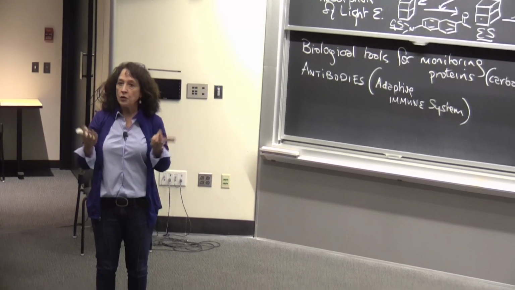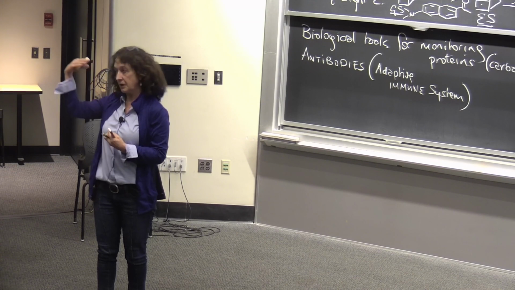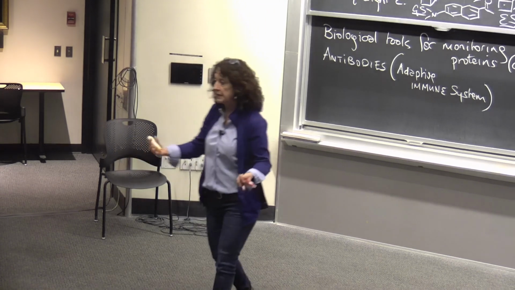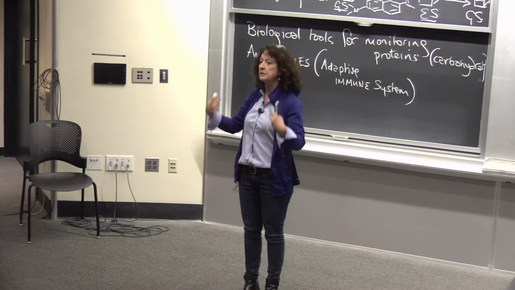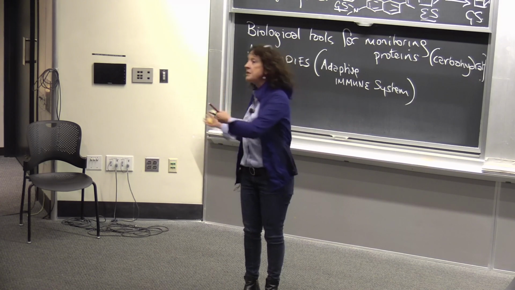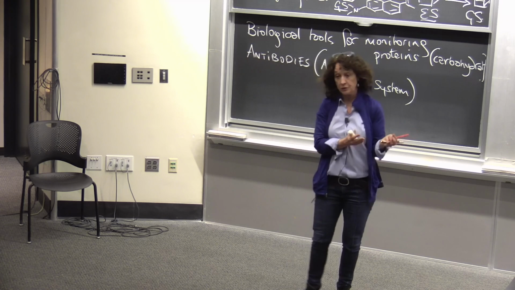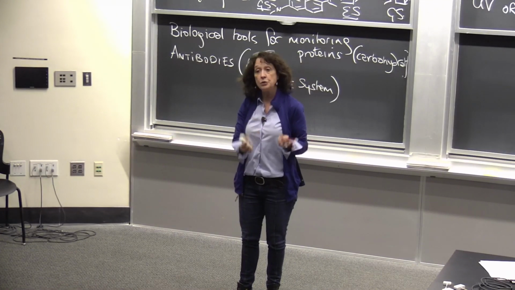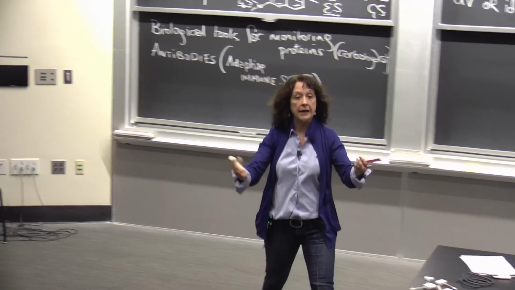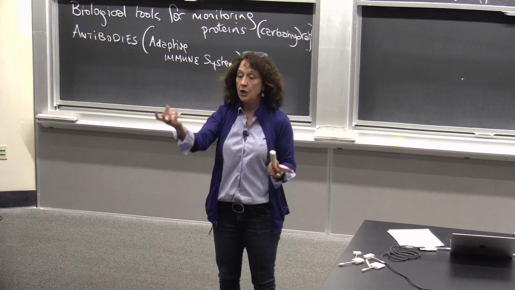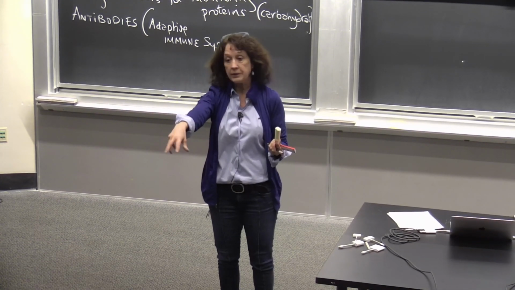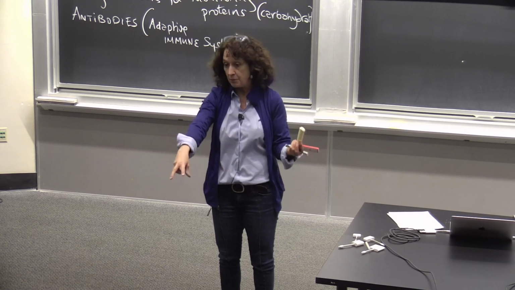Now, what you will learn from Professor Martin in 2 or 3 lectures' time is much more about the nuts and bolts of the immune system, and how it mounts a response to disease and other features. I'm going to focus completely on the technological side of antibodies and how they are useful reagents to study biology. Because if you want to recognize a protein in a cell, you need a particular entity that will bind to that protein and show you where it is through some kind of signal, for example, fluorescence.